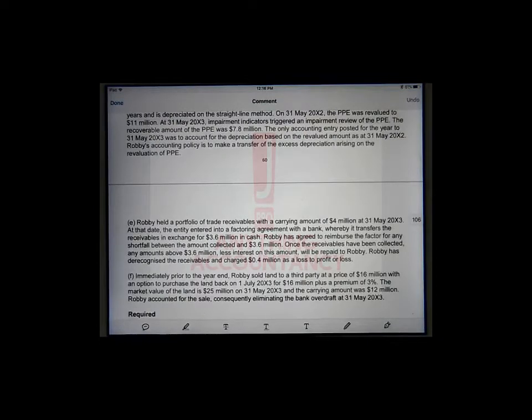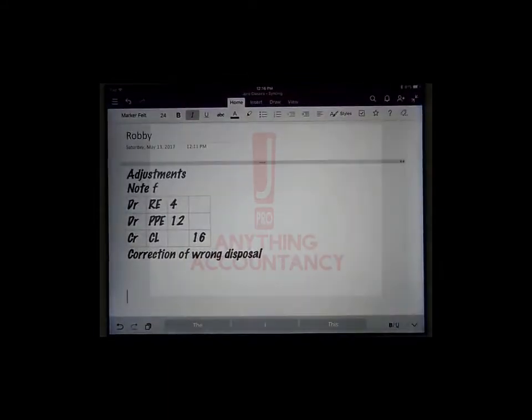Now, should they derecognize the receivable? Yes, no. The answer is, this one is note, what note is this? E, yeah? Derecognition is only done after risks and rewards are passed.